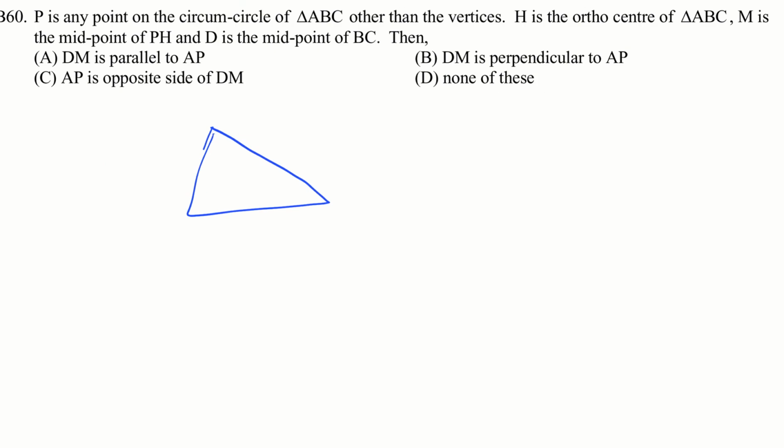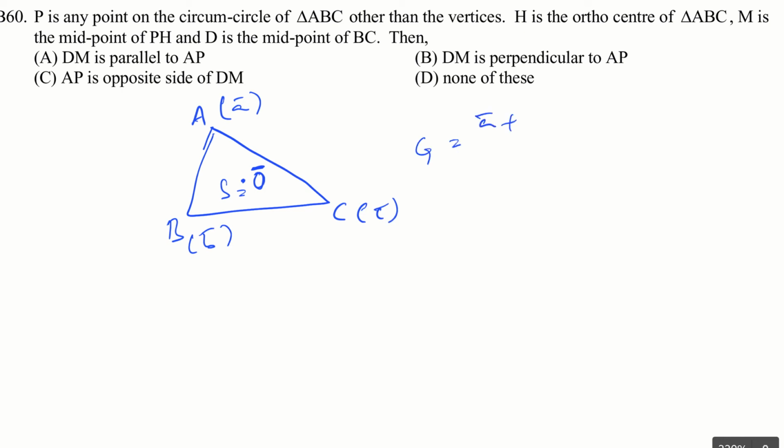Let's go to next problem. Coming to this problem, in vector algebra, in our intermediate textbook itself, we have this story in one of the solved examples. I have a triangle ABC. If we choose the circumcenter of the triangle as the origin, I am taking it as the origin. And these position vectors as A bar, B bar, C bar, then the centroid will be A bar plus B bar plus C bar by 3.